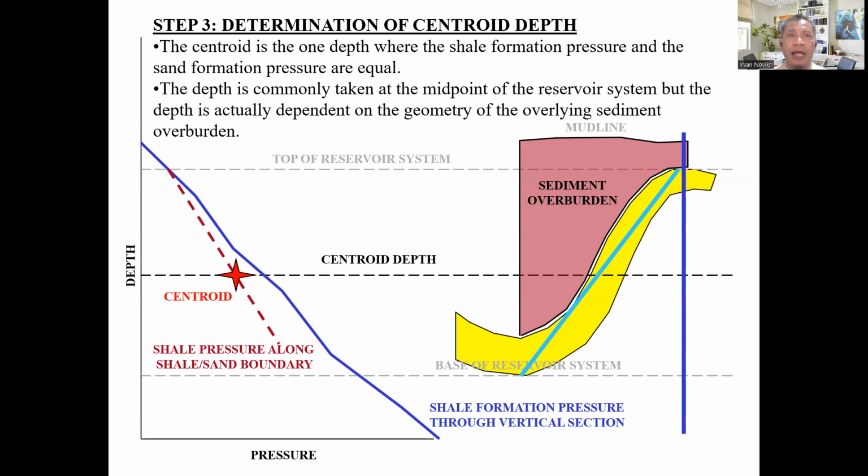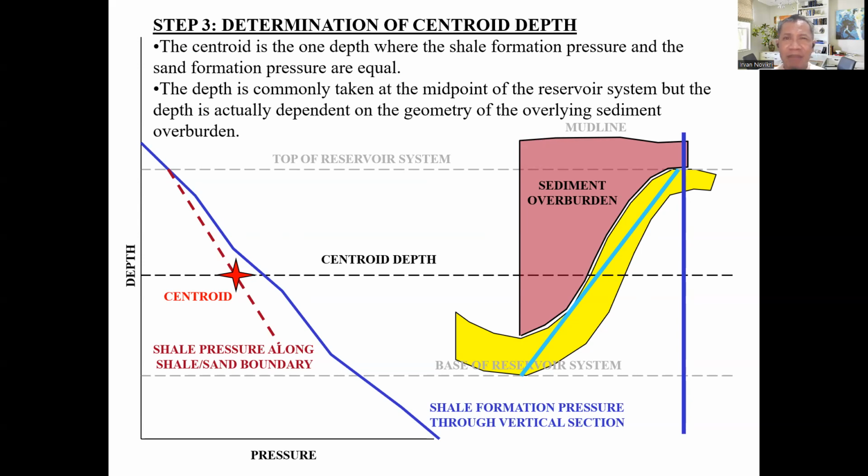So in the context of the reservoir system, the shale formation pressure exerted by the shale rock layer is determined by measuring pressure along a vertical section through the shale formation, along the boundary between shale and shale layers.